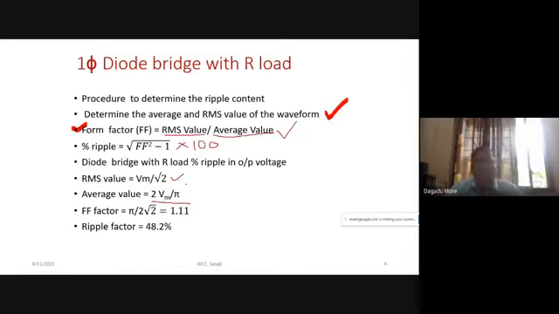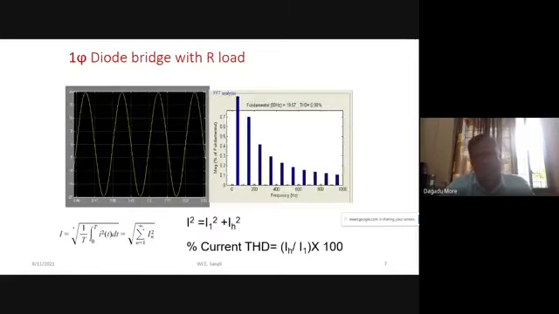Taking the ratio of RMS to average, Vm gets cancelled and it is pi divided by 2 root 2. So the form factor comes out to be 1.11, and our ripple will be 48.2%. This is how we revise our single phase diode bridge with R load.